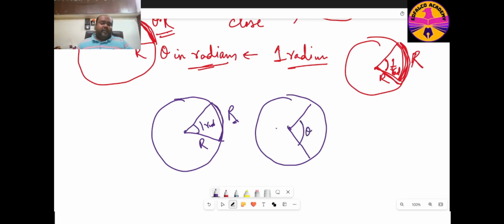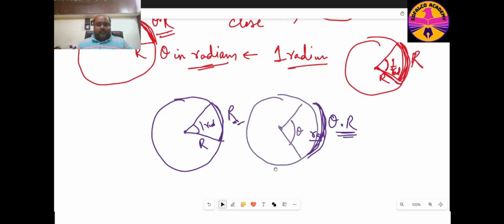Then by simple unitary method, this will become equal to theta times r, because for 1 radian you are getting r distance, and for theta radians you are going to get theta r distance of arc. So when theta is in radians, this distance is nothing but theta r.